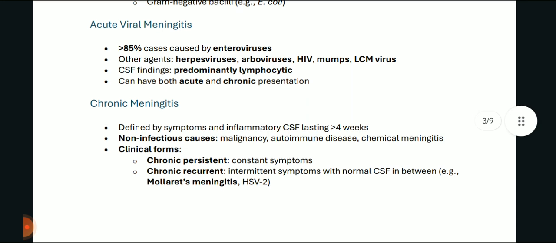Now, about acute viral meningitis, more than 85% of cases are caused by enteroviruses. Other agents are herpes virus, arbovirus, HIV, mumps, and LCM virus. CSF findings are predominantly lymphocytic, and it can have both acute and chronic presentation.